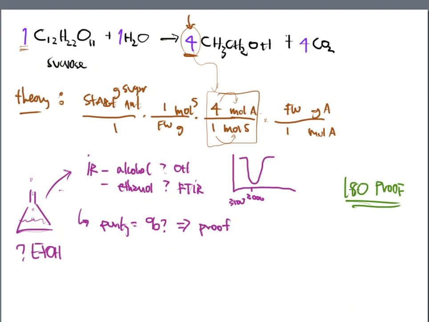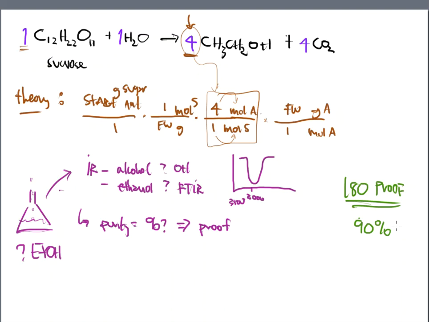Well, if you take that 180 and you divide it by 2, you're going to get 90%. So we want you to produce a product that is 90% alcohol. Well, what's the other 10%?